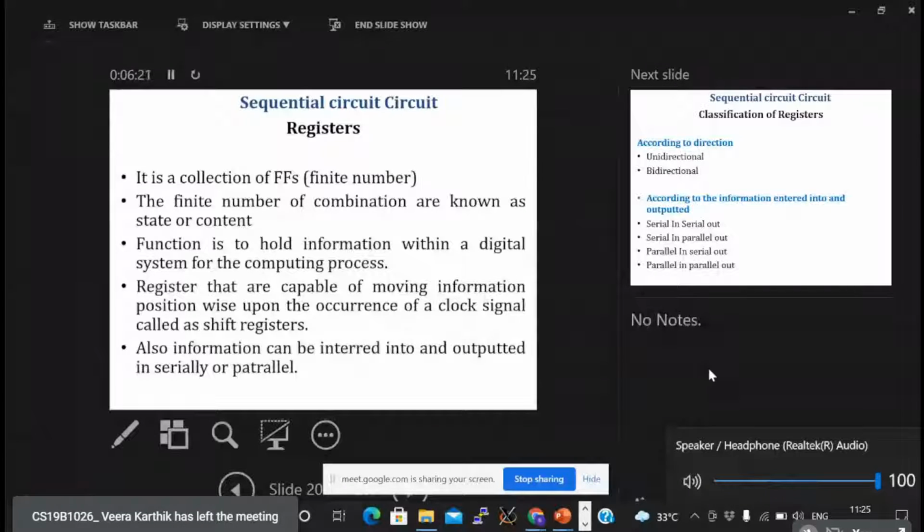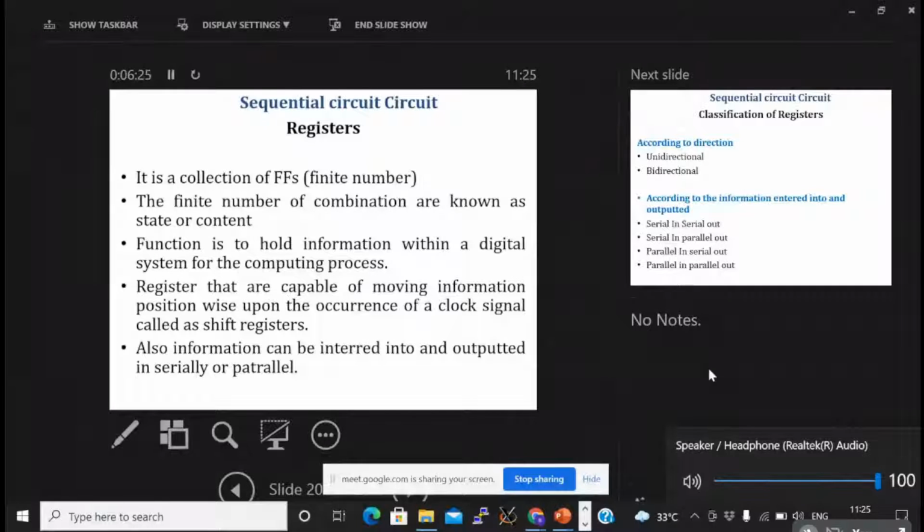So whenever we are giving input serially into the register, at each clock edge the input will go inside the register. So it will require that number of clock pulses. And in the parallel out, only one clock pulse is required to get the information from the register.